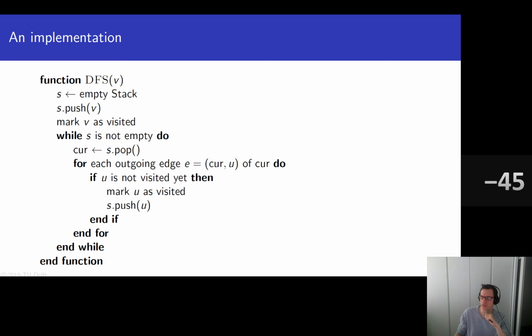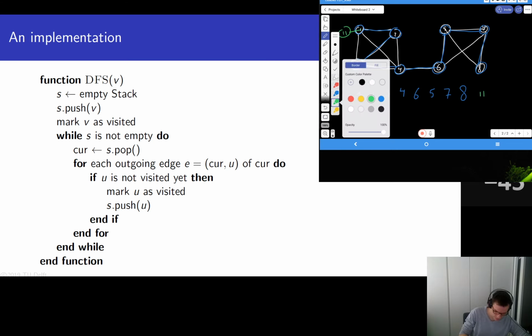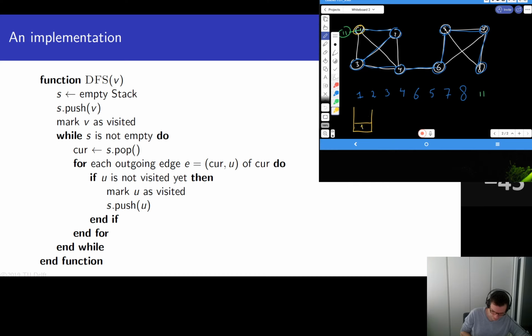If we try to apply that on our graph of just now, what does that look like? Well, we start with node 1. So we have a stack with just 1 on it. Then we take 1 off the stack and we add all of its neighbors.